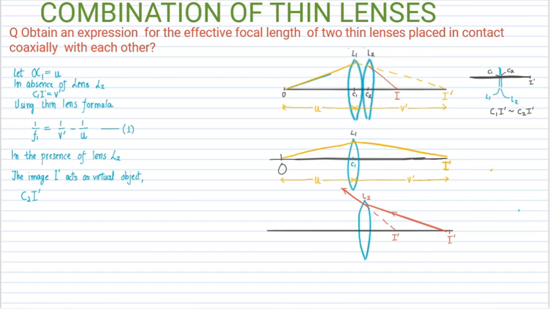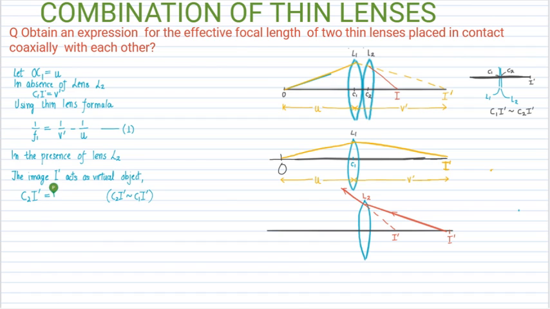Now we know C2 I dash is approximately equal to C1 I dash. So in that case, C1 I dash is V dash. Then in that case, what is C2 I dash? C2 I dash will also be equal to V dash.